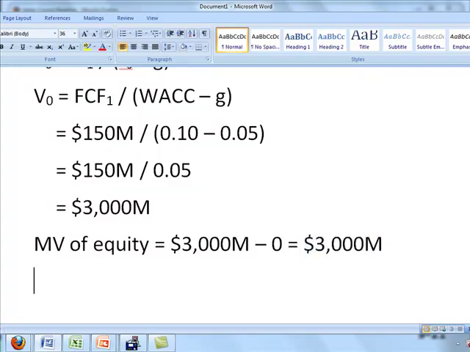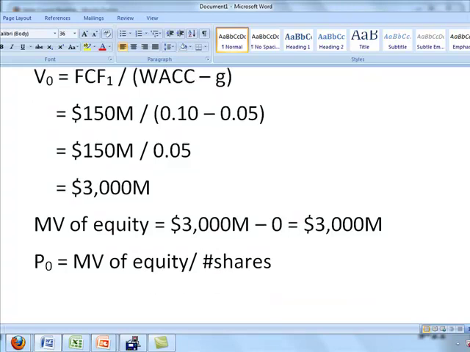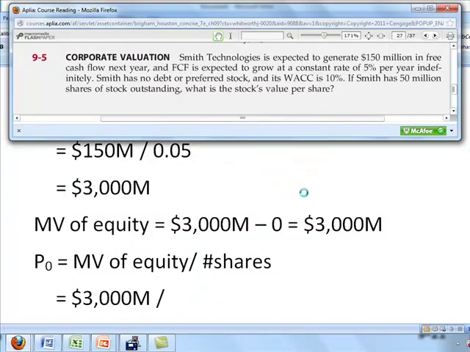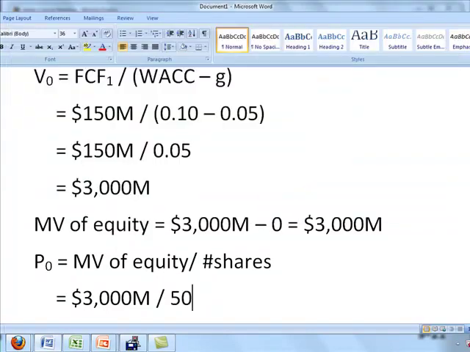And the next step is the price per share, which you can write as P0. It is going to be the market value of the equity divided by the number of shares outstanding. So that's going to be the 3,000 million. And how many shares did it say were outstanding? 50 million shares of stock outstanding.